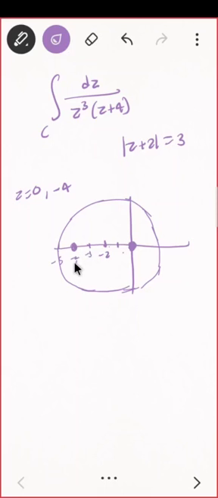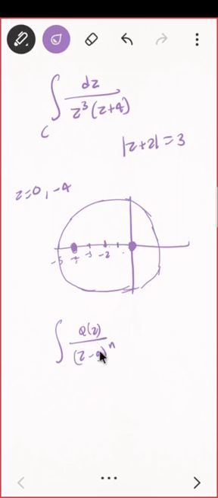How will you solve this? What is the Cauchy integral formula? You can apply it only if your question is something like 1 upon (z minus a) raised to n, times some phi of z.